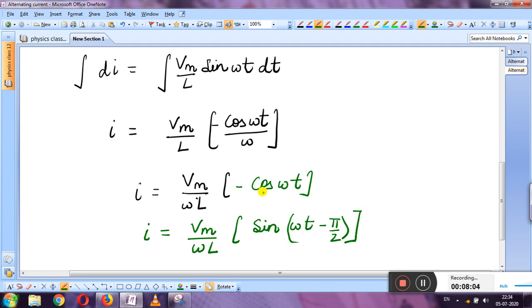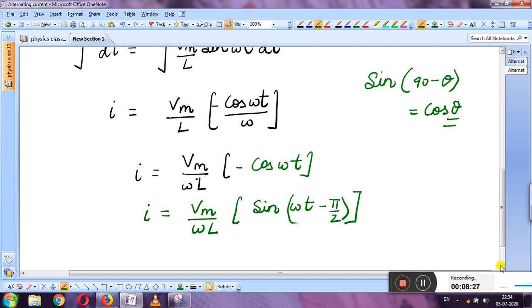Like, how can we convert cos into sine? That rule we used, as we know that cos of 90 minus theta is equal to sine theta, and sine of 90 minus theta is equal to cos theta. This relationship we used here, and we have written it in bracket with sine, as you can see.